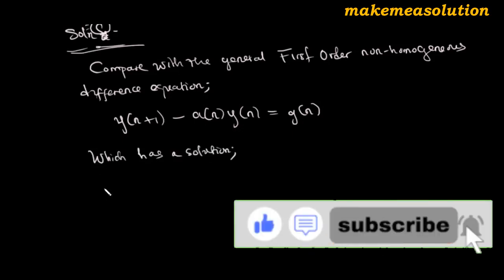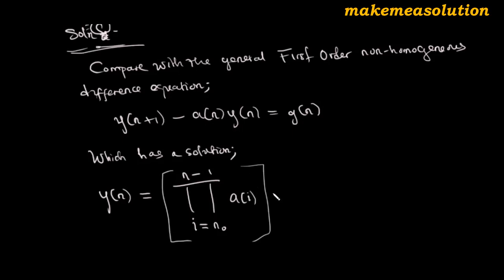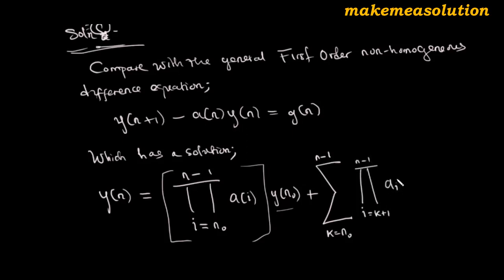The general solution y of n is equal to the product operator, I equal to n naught to n-1, of a of I, multiplied by y of n naught, that's your initial condition, plus a summation over k equal to n naught to n-1, of the product operator from I equal to k+1 to n-1 acting on a of I, then multiplied by g of k.